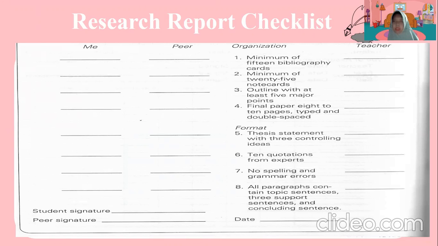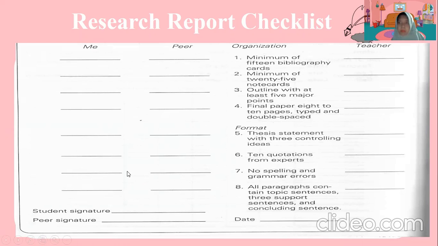The me column is the name of the student who wants to self checklist. For the peer, this is for his or her friends, and this is for the teacher. And for the organization and format, this will be the criteria of the observation checklist.